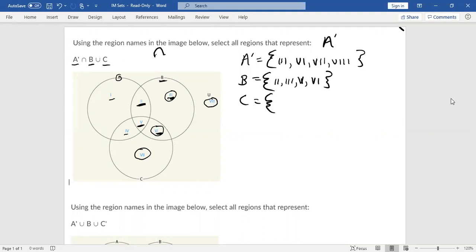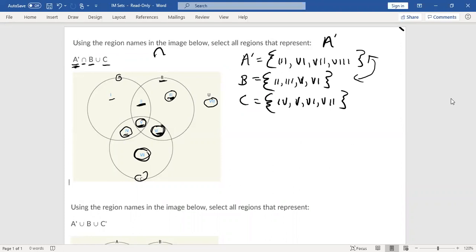So in C, it'd be anything in this circle C. So that would be 4, 5, 6, and 7. So now we'll do these in order, moving from left to right. So this says the complement of A intersect B. So we want to know what these two have in common.